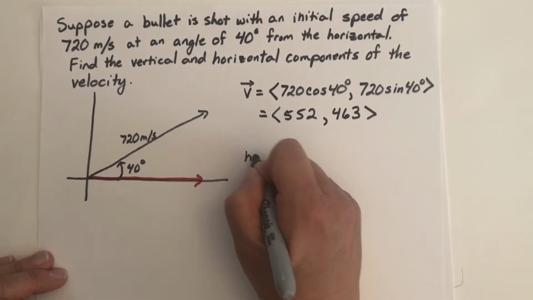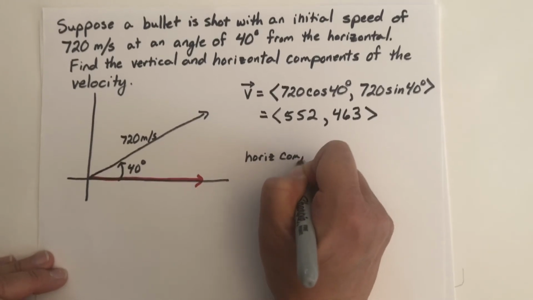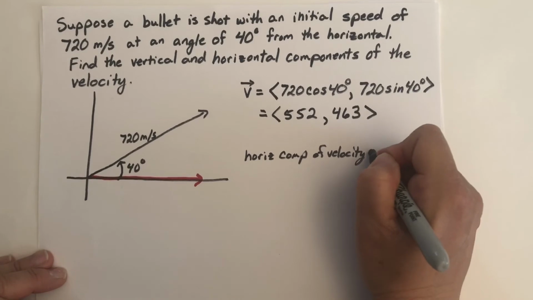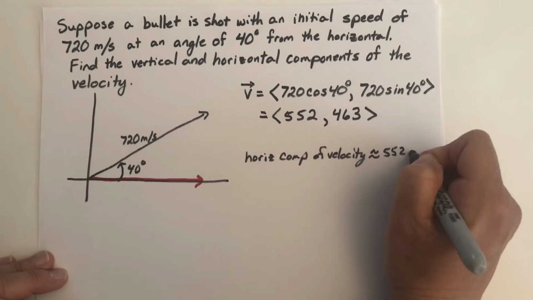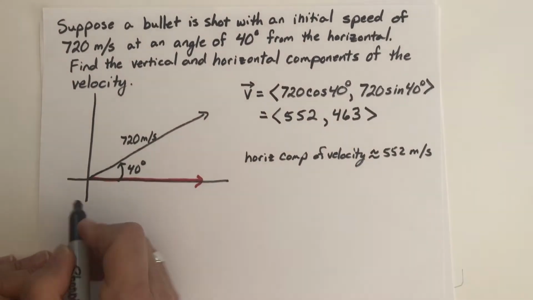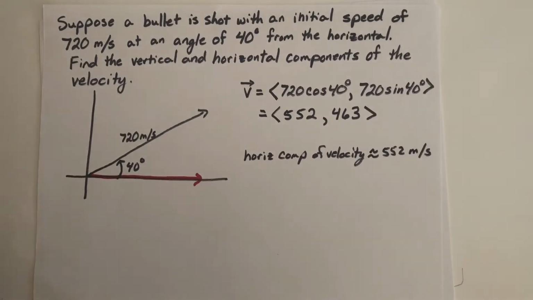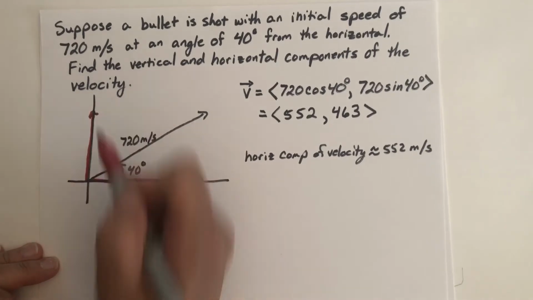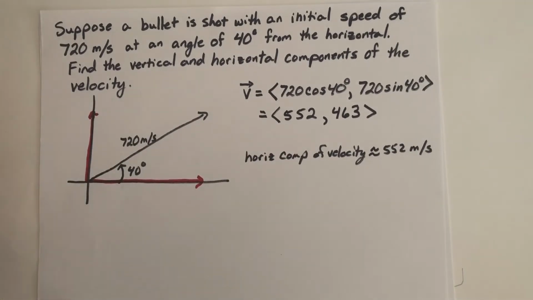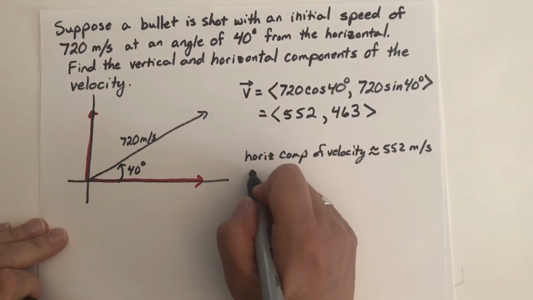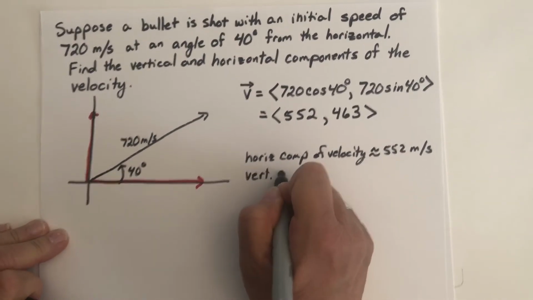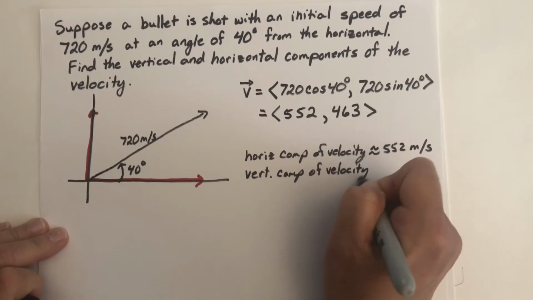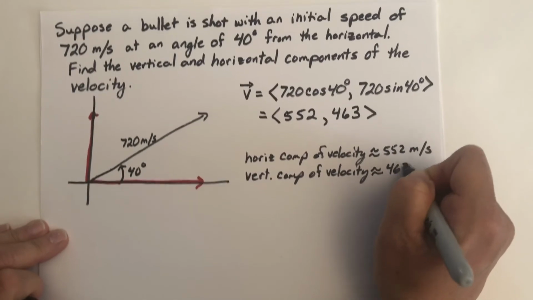So the horizontal component of the velocity is about 552 meters per second, and the vertical component, going in this direction, is 463. So the vertical component of the velocity is approximately 463 meters per second.